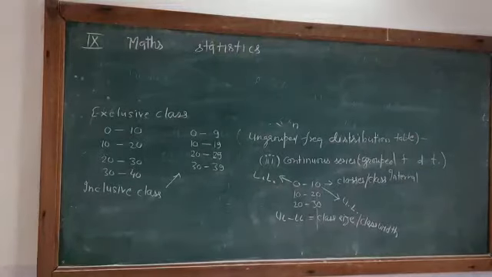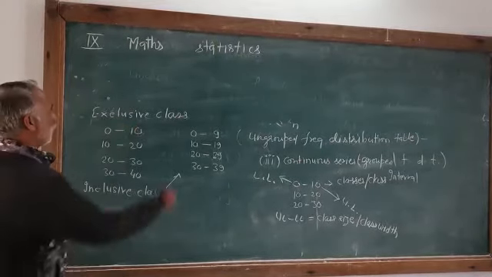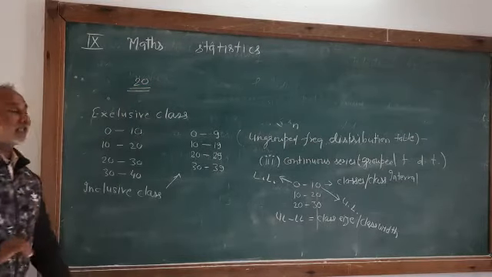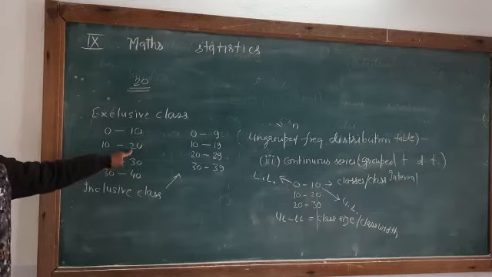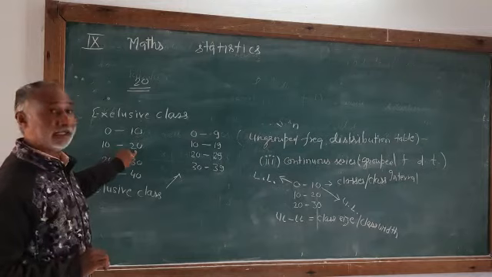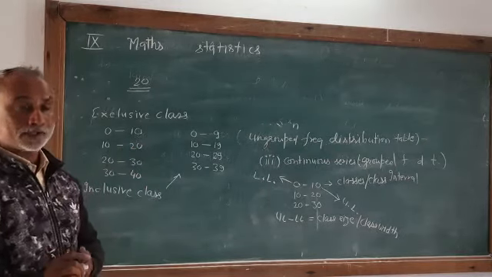Now suppose you are writing the data in exclusive class format, and suppose the observation is 20. Where will this 20 come? 20 is here also and here also, but we can't write this one data in two intervals, otherwise the number of data will increase, which is not real.